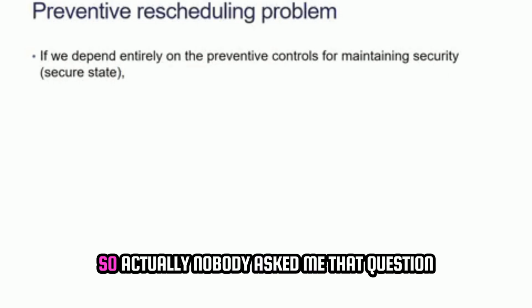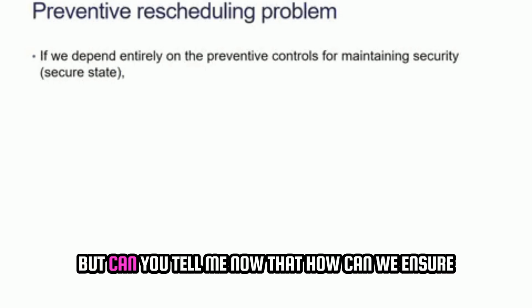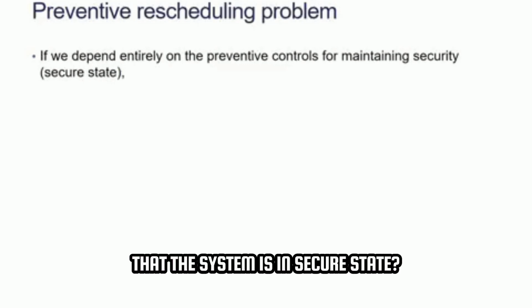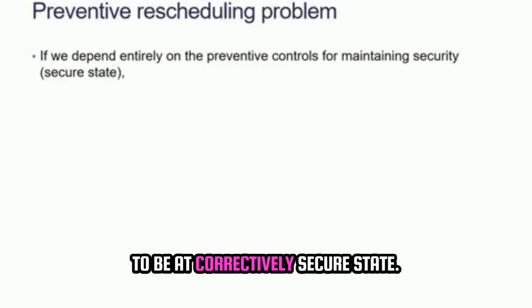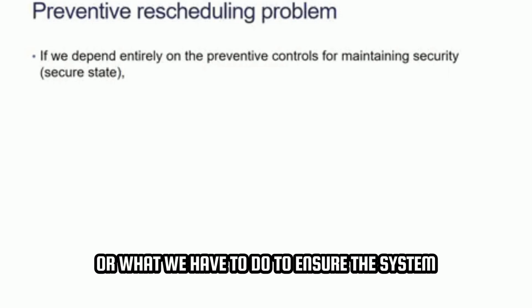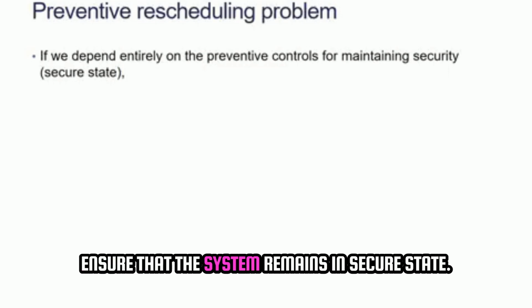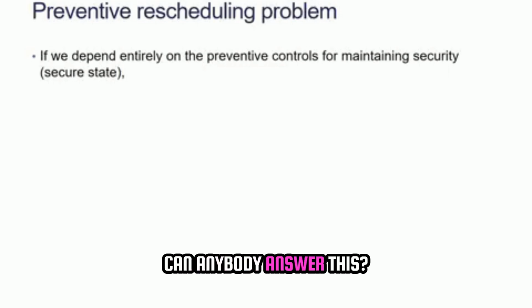Nobody asked me that question when I was teaching that topic, but can you tell me now how we can ensure that the system is in secure state? I also mentioned that often the system is going to be at a correctively secure state, but how can we say that the system will remain in a secure state, or what do we have to do to ensure that? Can anybody answer this?